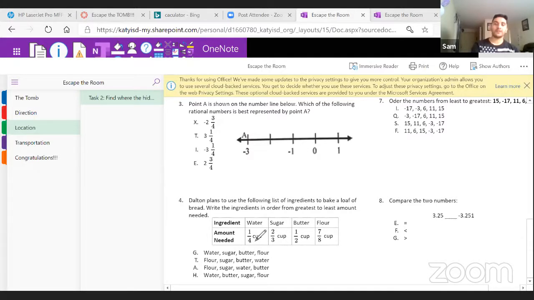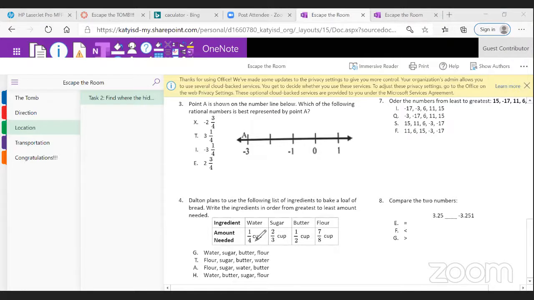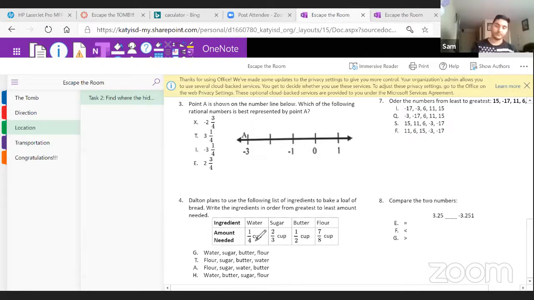We have to convert those fractions into decimals, then you'll be able to tell. So we have 1/4. That's going to be 0.25. Then we have 2/3.